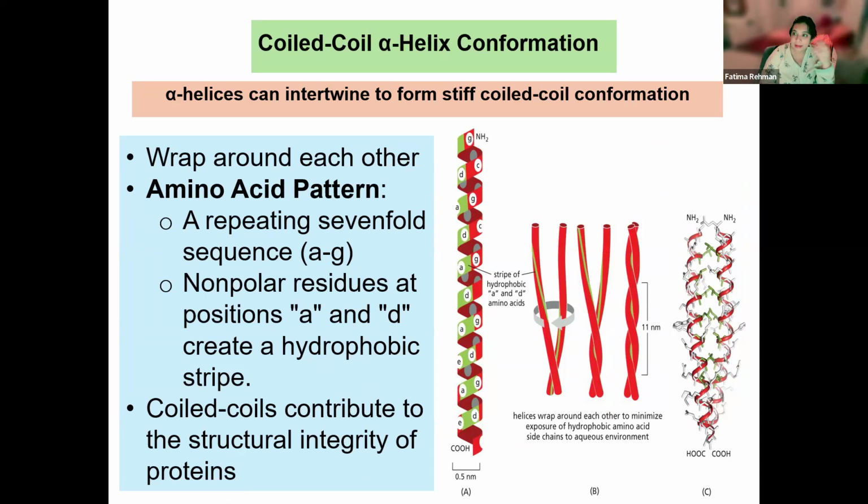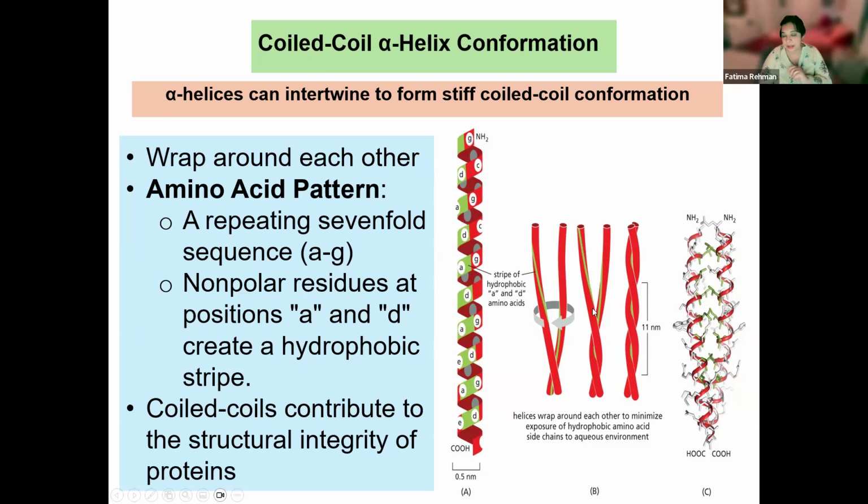Because looking at that, it looks like everything is hydrophobic. Well, you can have a repeating 7 amino acid sequence where specifically amino acids A and D are hydrophobic and will face towards the hydrophobic side of the area that they are embedded in, and the rest of them are hydrophilic.